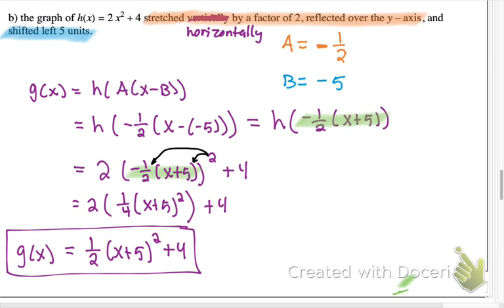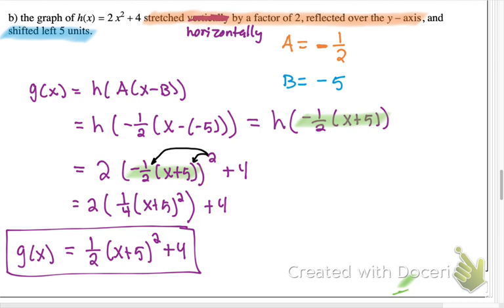But our function g of x, the resulting function, is 1/2 times x plus 5 squared plus 4. It will also be a quadratic function. Its graph will also be a parabola. And the result could be simplified further.